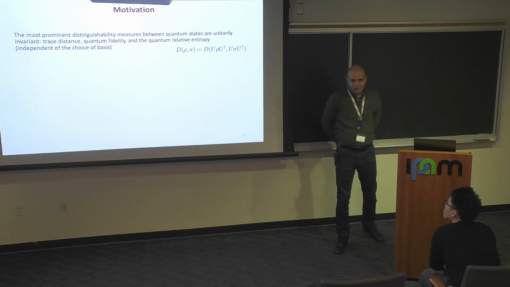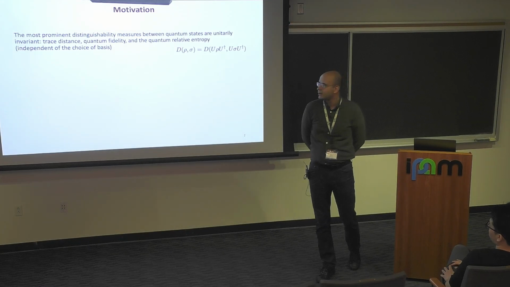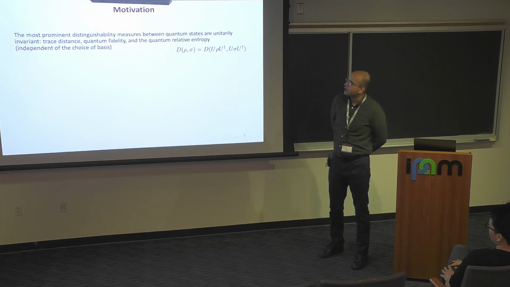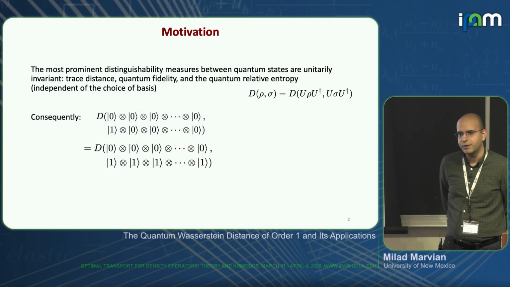The main motivation for the start of this was that a lot of distances we use quantum mechanically are unitary invariant, like fidelity, relative entropy, etc. And the moment you have this kind of distance, it cannot distinguish between, for example, the distance between all zeros and just one 1, and all zeros versus all ones, the moment you have unitary invariance.